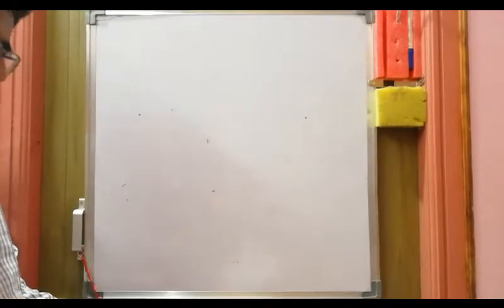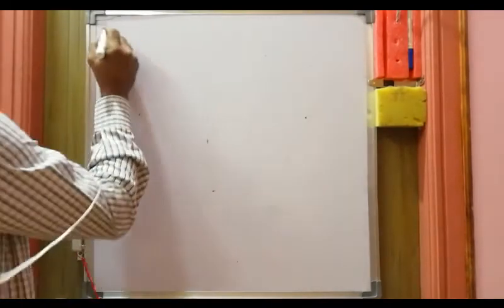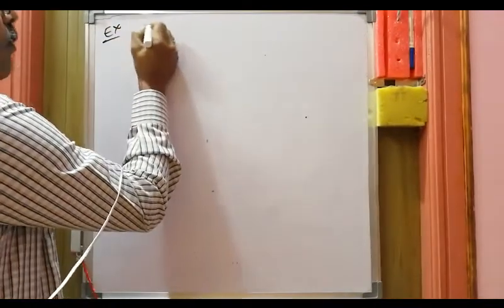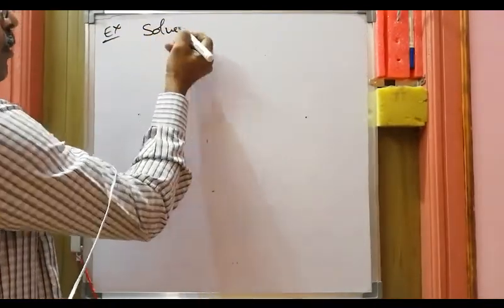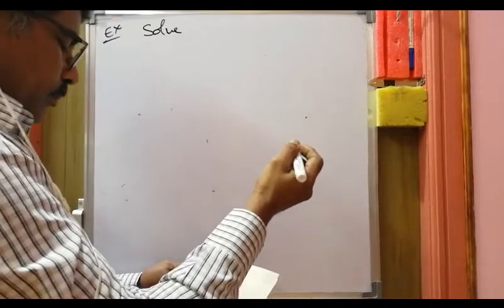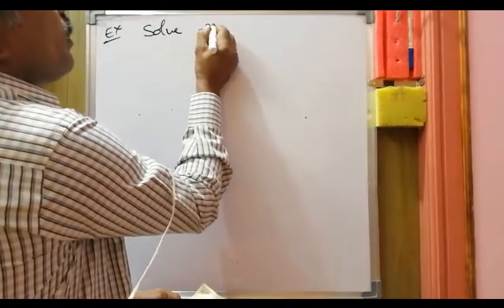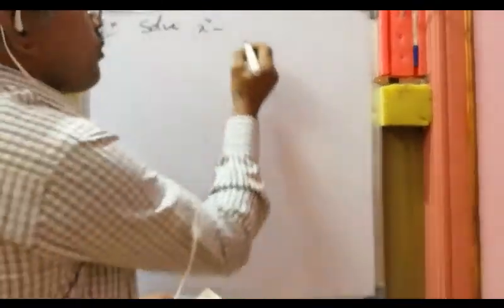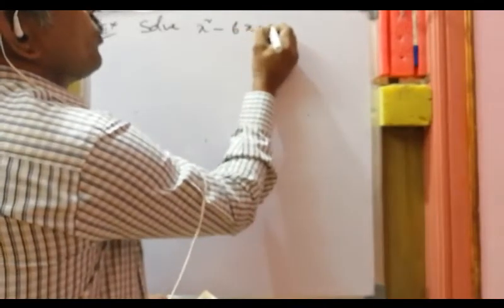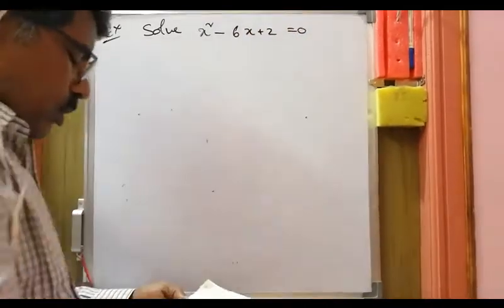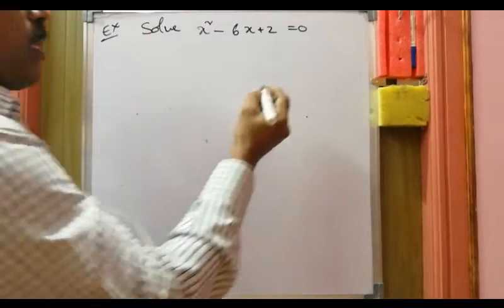So just to take a small example, solve x square minus 6x plus 2 equal to 0 using GS method.